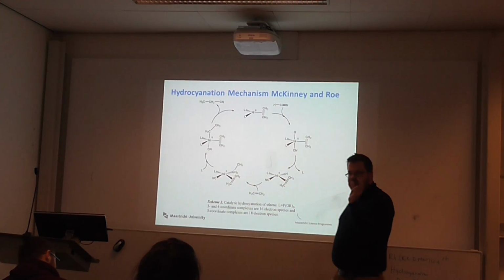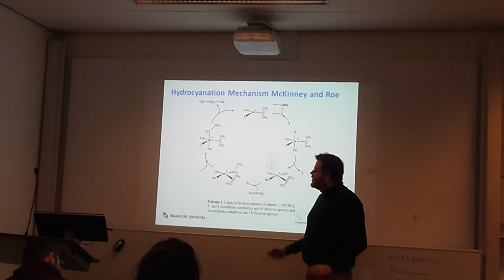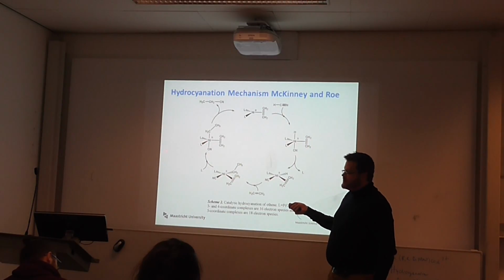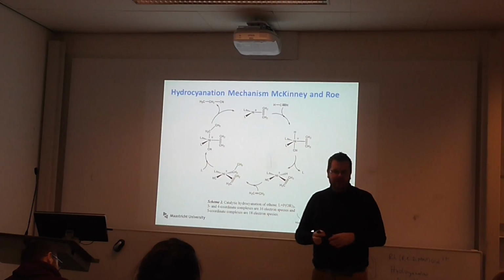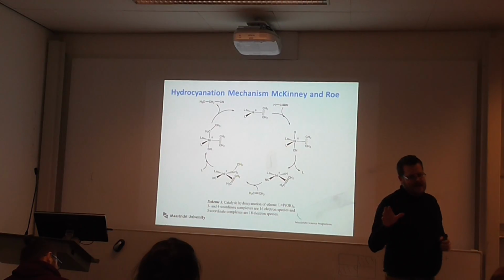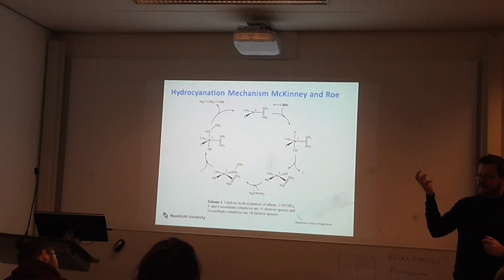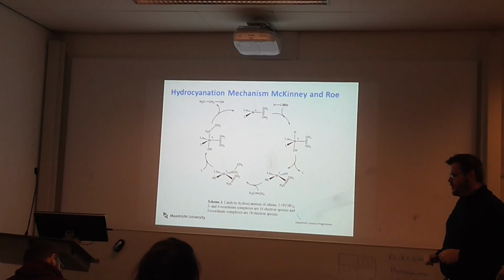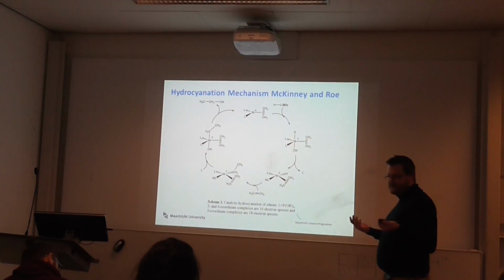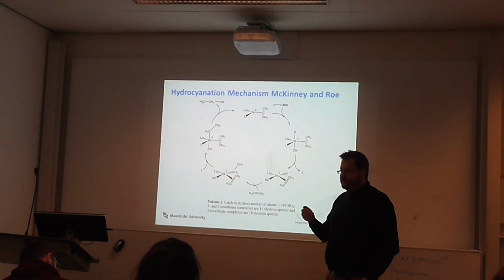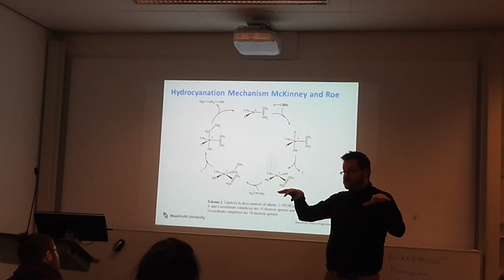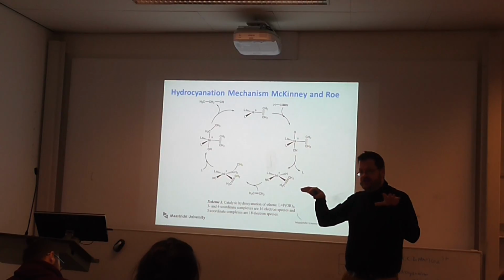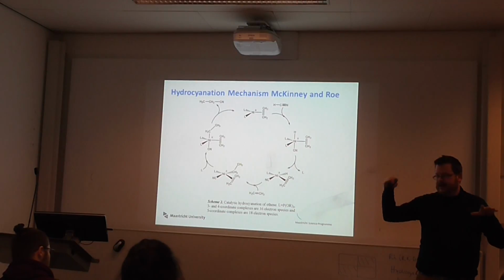Sometimes you can freeze out that Berry pseudorotation. If you have very large substituents here, you can slow down the process, or you can cool it down to low temperatures and freeze it out. It's even possible in some cases, I've managed to do this in my own work, to trap the square pyramidal intermediate, which is very rare. Very difficult, that's generally the high energy thing.